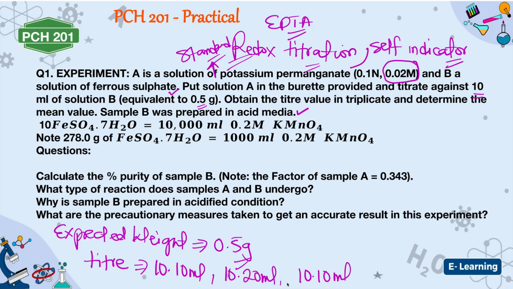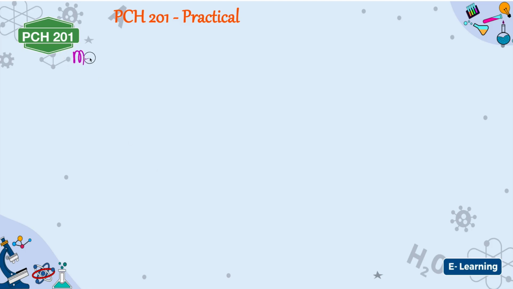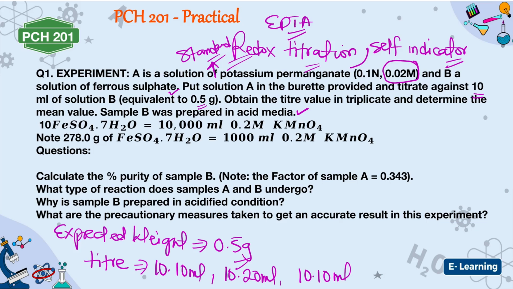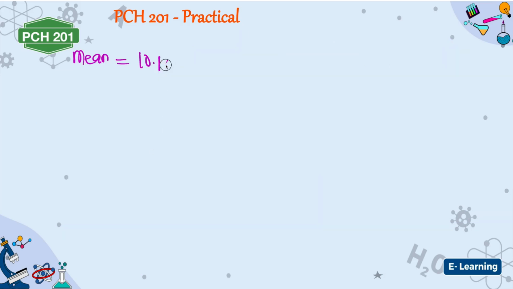So you will get the mean Titre value, right? My dear student, what do you think will be the mean Titre value? Based on what I've taught you, we have 10.10 plus 10.20 plus 10.10, everything divided by 3 will give us the mean. So what will the mean be?